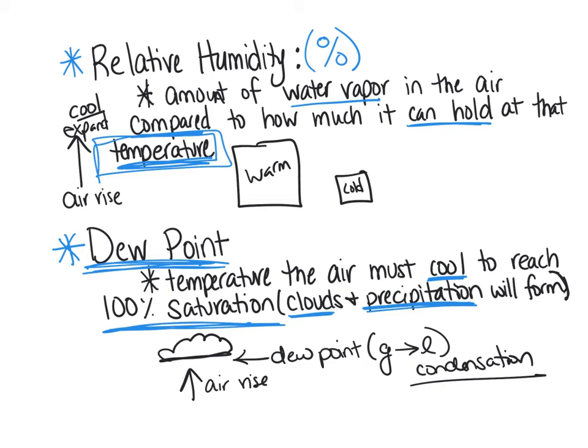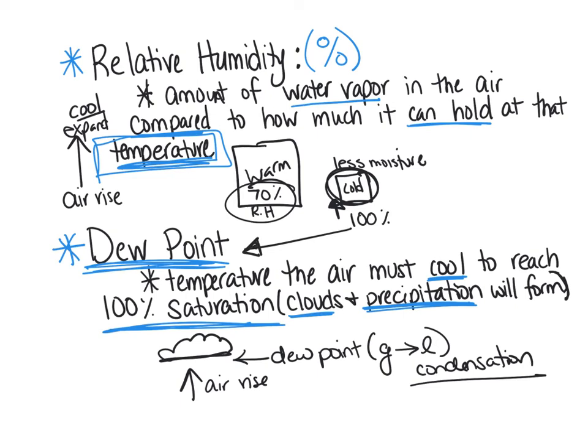If we have a warm air mass that is at 70% relative humidity and cold air comes in, which can hold less moisture, our relative humidity is going to go up because cold air can hold less moisture. So if we originated with warm air and cold air comes in, our relative humidity might go up to 100%, and we may cool down to that dew point and have the formation of clouds.